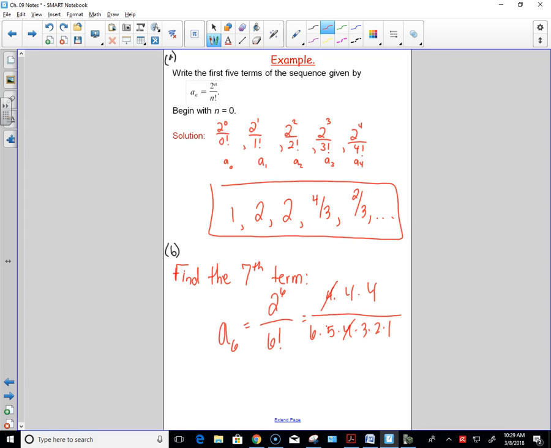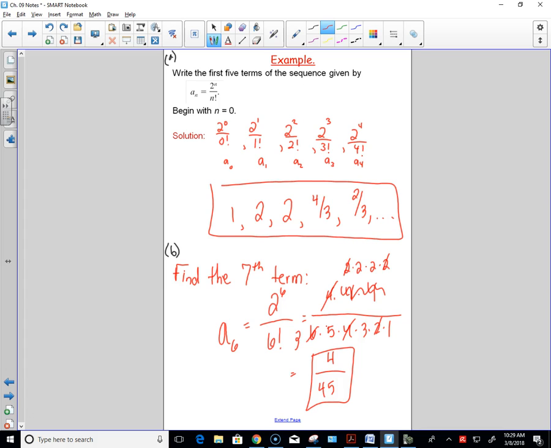Can't I say, oh, the 4's cancel? Oh, now it gets a little rough. Maybe it would have been a little easier if I'd done my 2's, right? Because if I had done my 2's instead, couldn't I have then canceled out a 2? Then couldn't I have 6 with a 3?